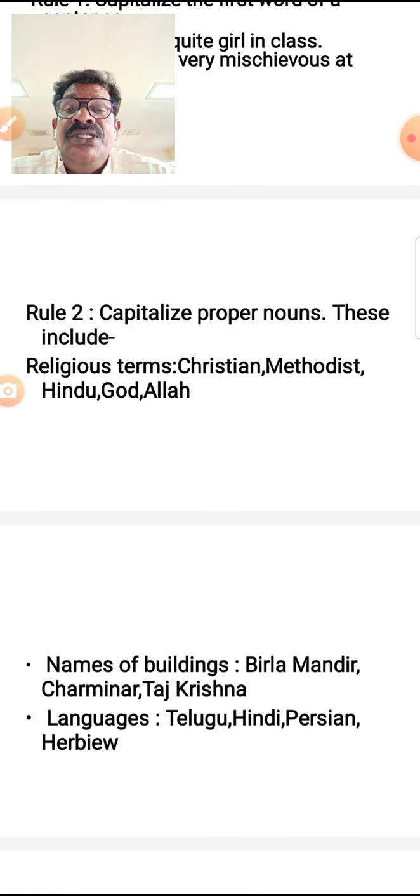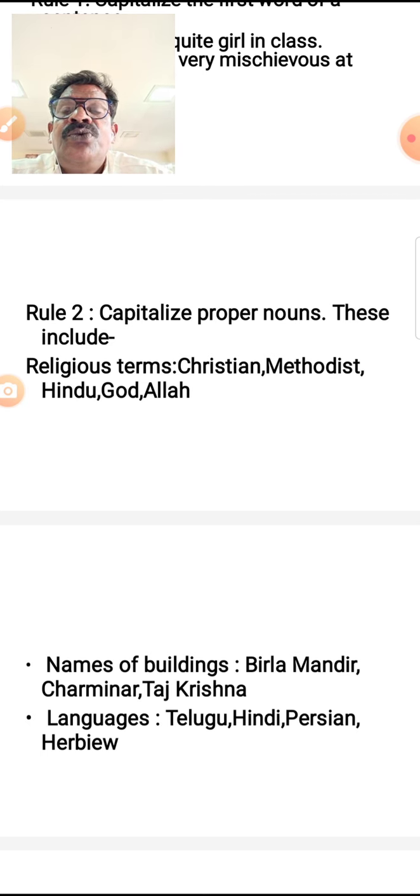Here, religious terms, the terms which are related to religions, should start with a capital letter. For example, Christian, C should be capital. Methodist, M should be capital. So Methodist is one kind of denomination in Christianity, right?